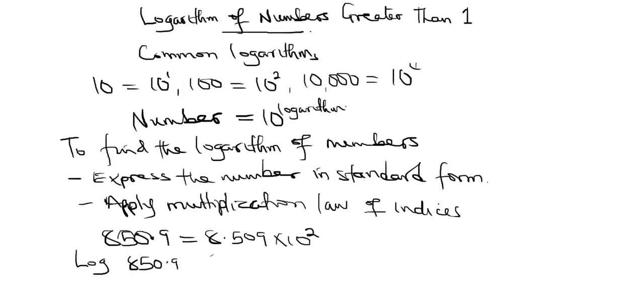And when you find that logarithm of 85 under 0 difference 9, we actually have 0.9299. So for you to write this, like we said, you have to express the number in standard form, then apply the law of multiplication of indices.